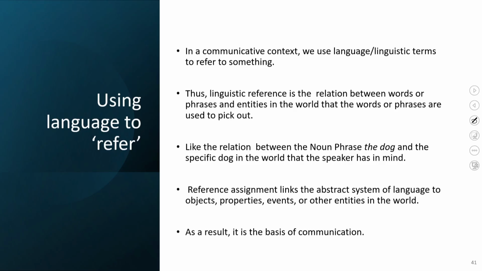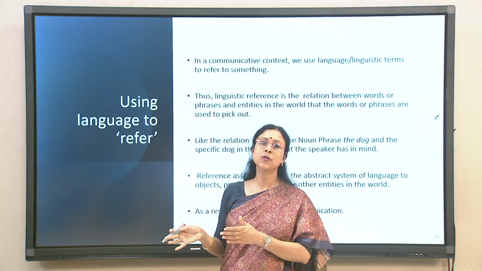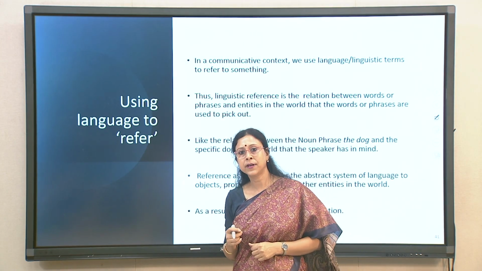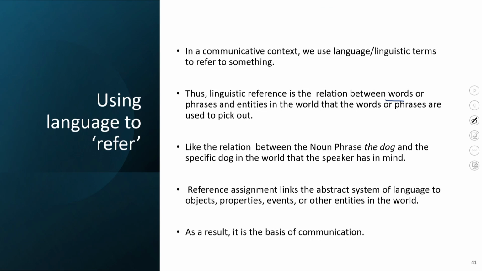Using language to refer: in a communicative context, we use language or linguistic terms to refer to something. We say book to refer to an actual book in the real world. So, linguistic reference is the relationship between words and phrases and entities in the world. For this we have words or phrases. Using a linguistic tool to refer to something is what is called linguistic reference.